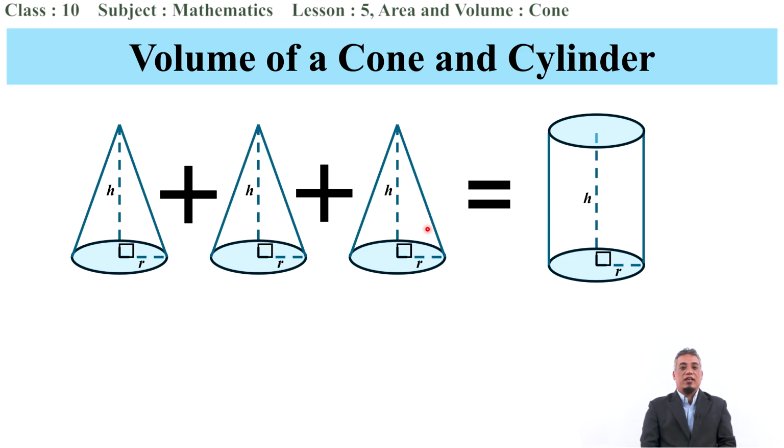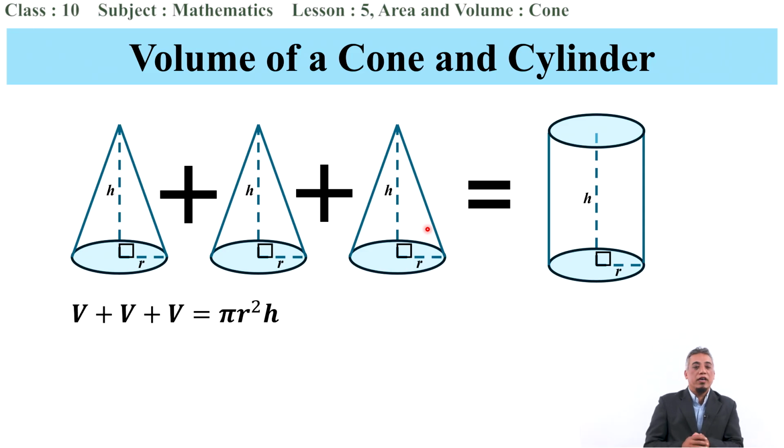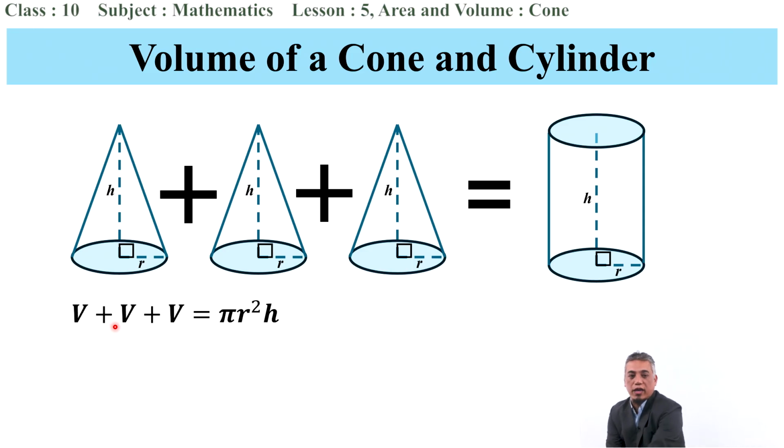Yes. So, if you write V for the volume of the cone, it will be V plus again V plus again V equals pi r square h. This is the formula for the cylinder of radius r and height h.